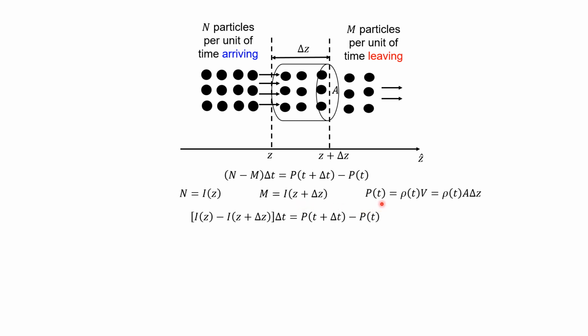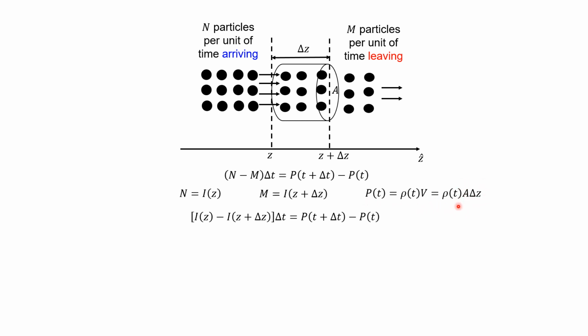And the number of particles, now we're going to express in terms of the concentration of particles. So this term is the concentration, and this is the volume of the cylinder, and the volume is the area times the length delta z. So the total number of particles in the cylinder is the concentration times the area times delta z.